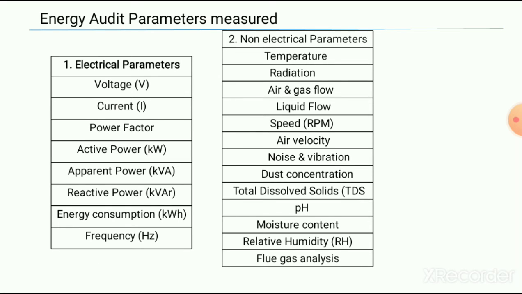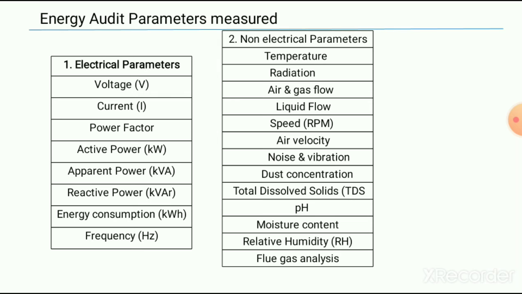Next bit is energy audit parameters, which are measured in two categories. First, electric parameters, and second, non-electric parameters. In electric parameters: the voltages, current, power factor, active power, apparent power, reactive power, energy conservation, and frequency.